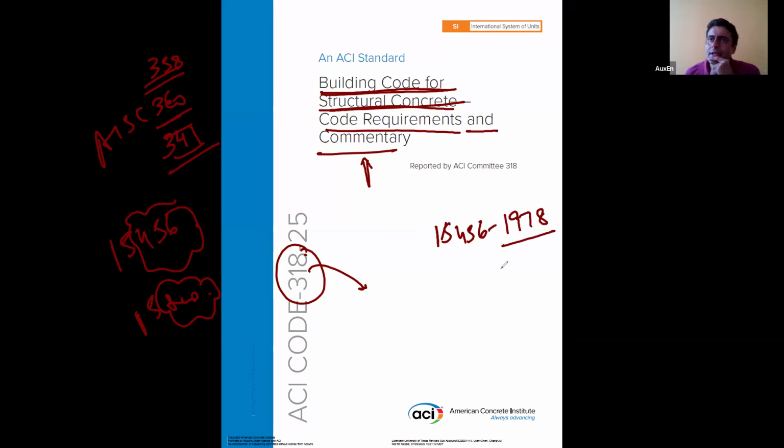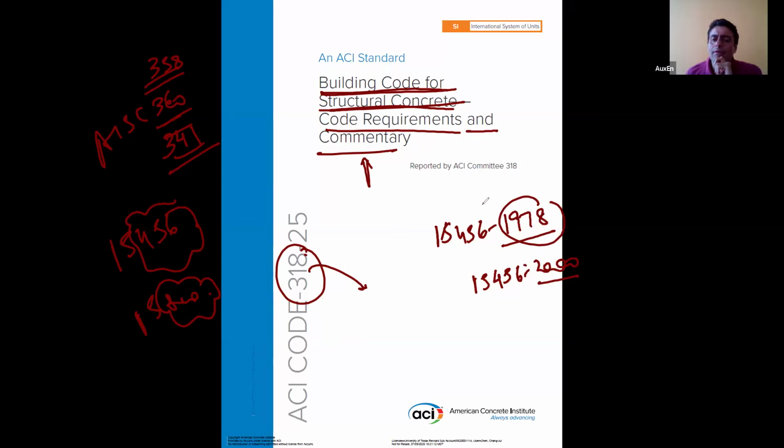I think after 1978, the first time it was revised was in 2000. Am I correct? This 2000 is the current version. So 25 years ago, the version was revised. But before 2000, I think the version was 78. You didn't have any version in between.